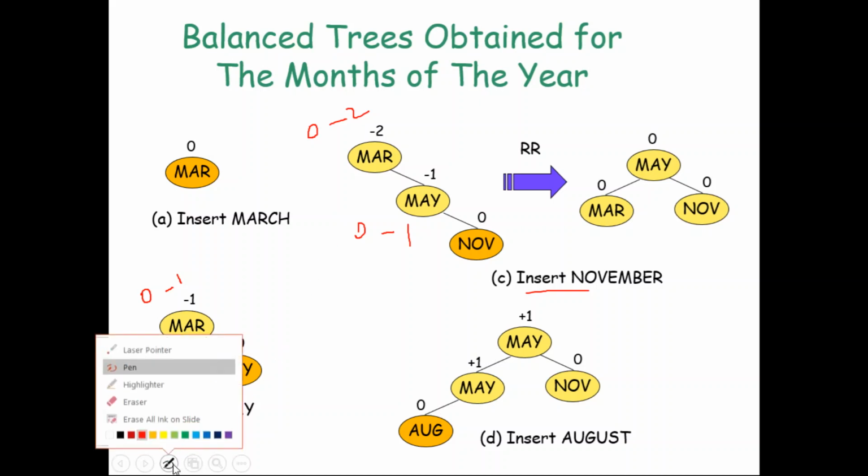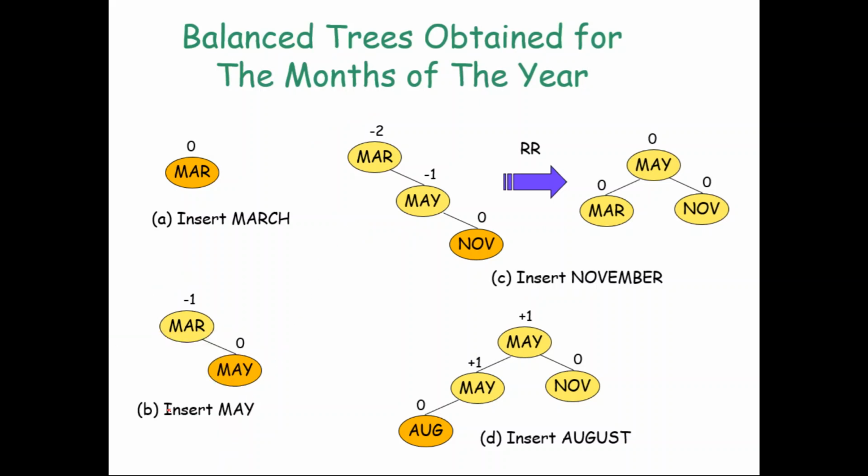Whenever it becomes unbalanced, you have to balance it. So how will you balance? There are different techniques; depending on the type of imbalance, you have to do some rotations. In this case, the imbalance was created by adding this node November.